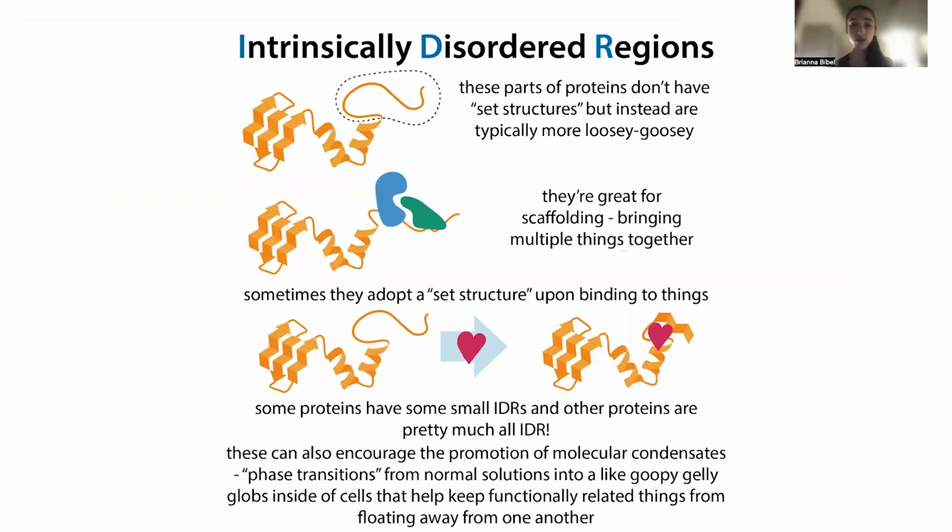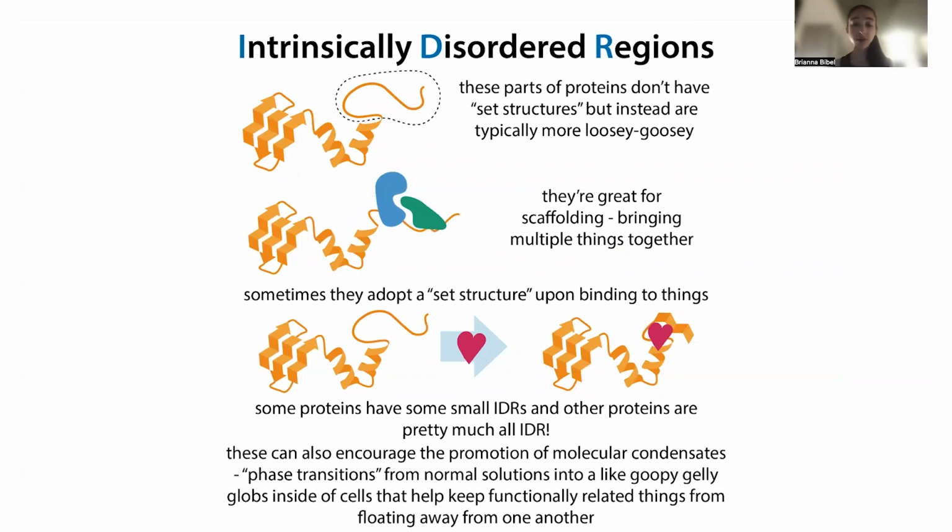So intrinsically disordered regions are parts of proteins that don't have set structures. They don't have defined or permanent structures, but they're great for scaffolding. So bringing multiple things together, because if you have this long loopy, flexible thing, you're able to lasso together different proteins.